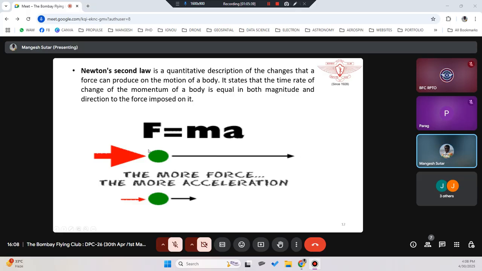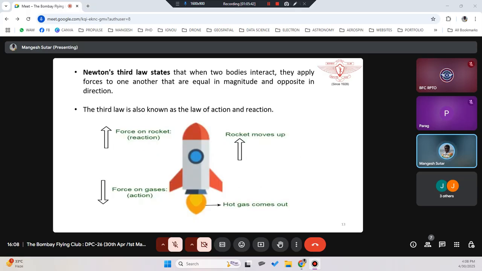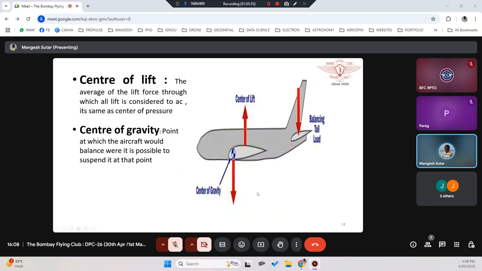Third is the equal and opposite force, so action and reaction will happen. We saw the example of a rocket, and we also compared the same example with respect to the drone. Center of lift, center of gravity.